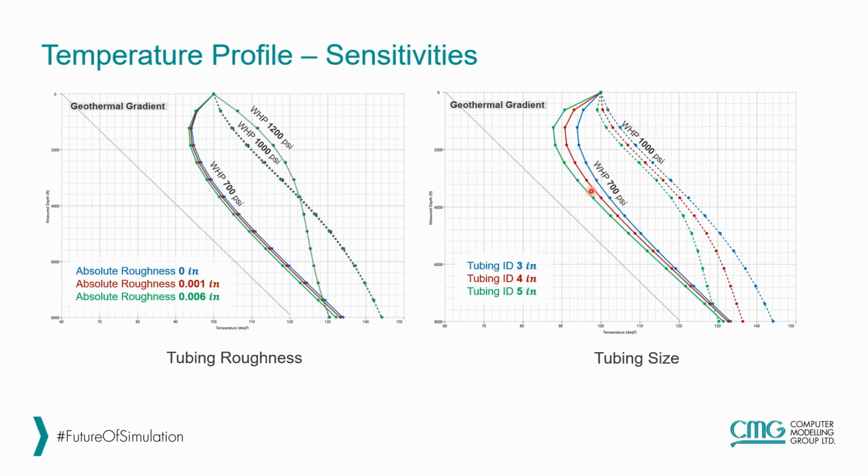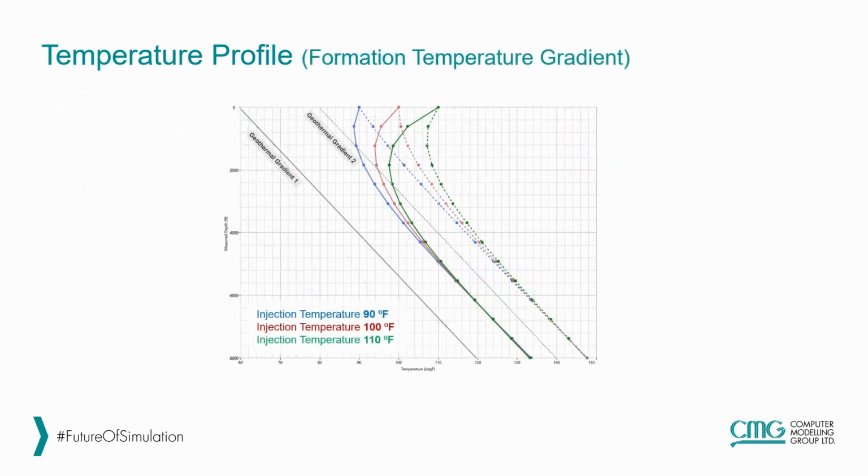And also when we have a bigger tubing ID, this means more surface area for the tubing to exchange heat with the geothermal gradient. So overall, this means that a bigger tubing ID is going to show first less temperature, and second, being pulled more toward the geothermal gradient. In this slide we see the effect of geothermal gradient.